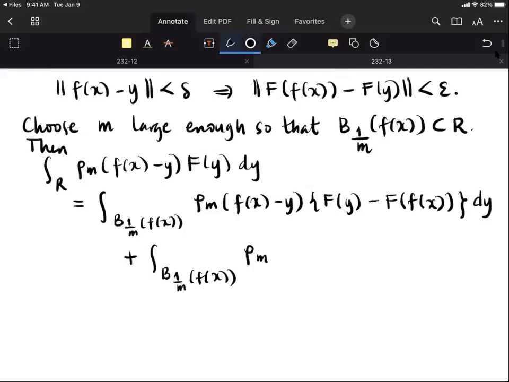So here we have rho m of f of x minus y dy times, okay, we can factor out this since this is independent of the variable of integration.